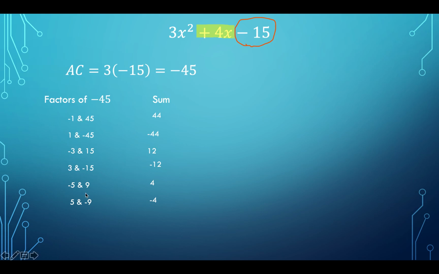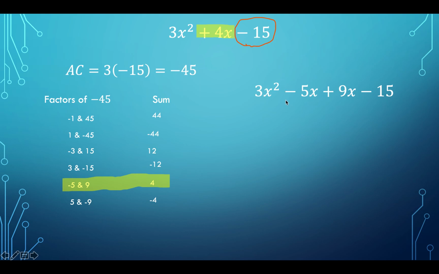Which one of these factors has the sum of positive 4? We just look down our list of factors and what their sum is. No, no, no, no, yes. So negative 5 and positive 9 have the sum of 4. So those are the factors that we're going to use.